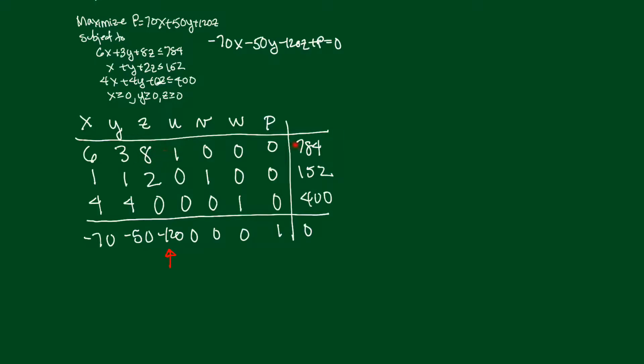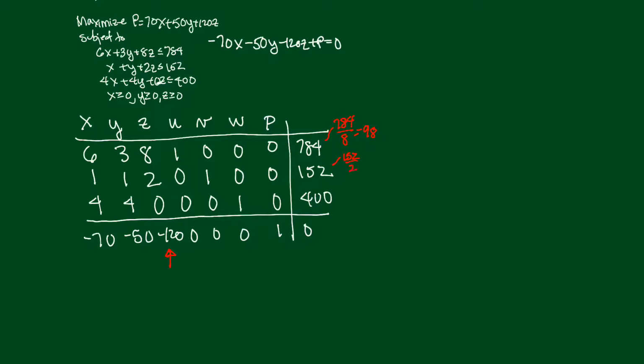So this is going to be 784 divided by 8, which comes out to be 98. Now the next one is 152 divided by its corresponding number in that pivot column, which is 2.